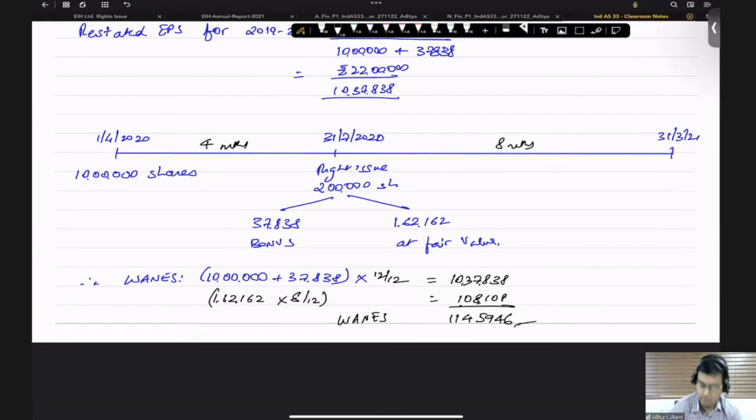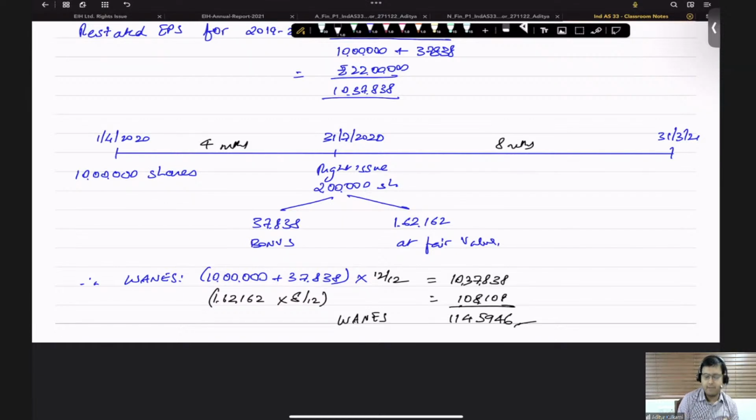1037,838 plus 108 gives 11,45,946. So you can take 162 for 8 months, 1037,838 for 12 months. That also gives you the same answer. Or take 1037,838 for 4 months, 2 lakhs for 8 months. That also gives you the same answer.